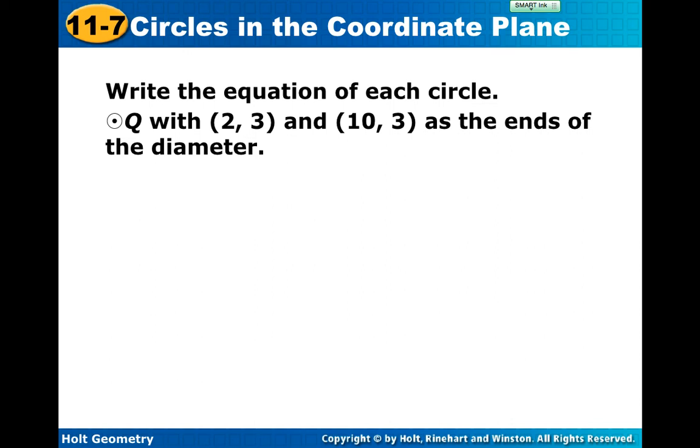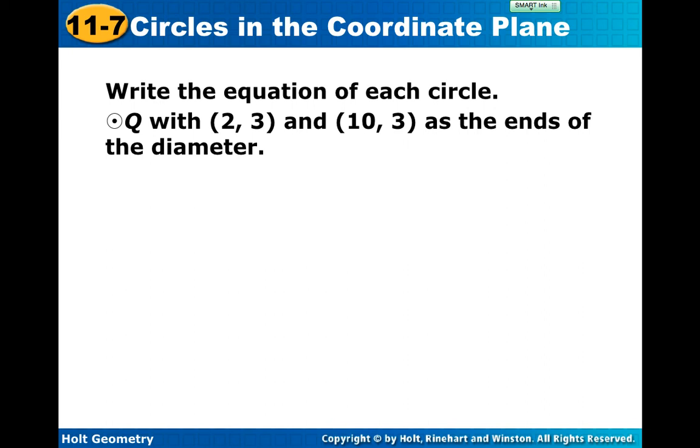Do it, Kevin? Yes. Do the distance formula?